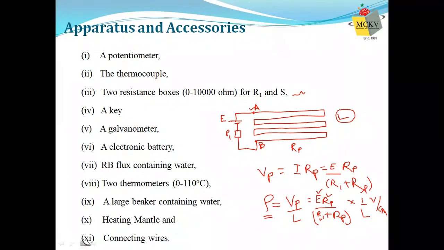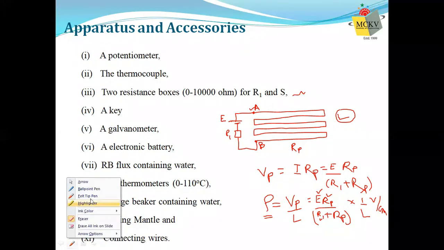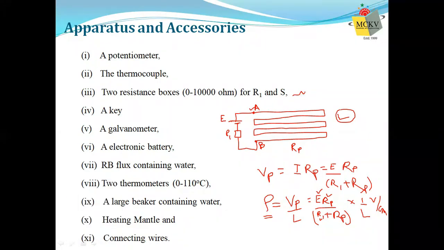So let us say I want the potential difference across these two ends, that is C, D. I want to measure the potential difference across CD. The usual method, as I told you, is to connect a voltmeter, but the voltmeter would give erroneous results.